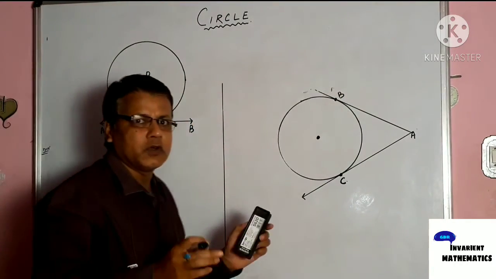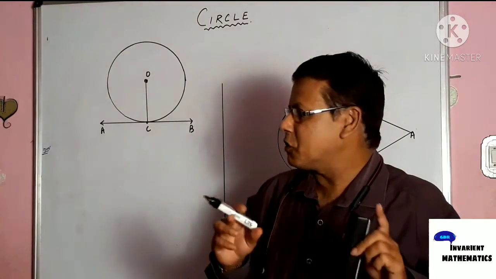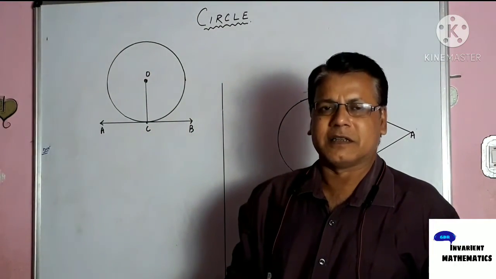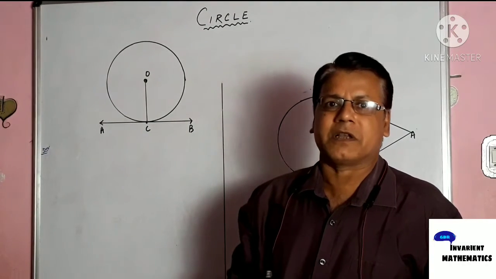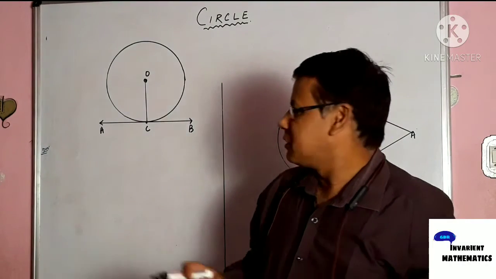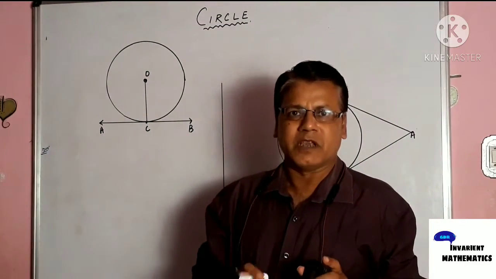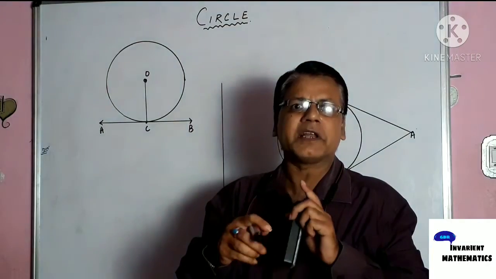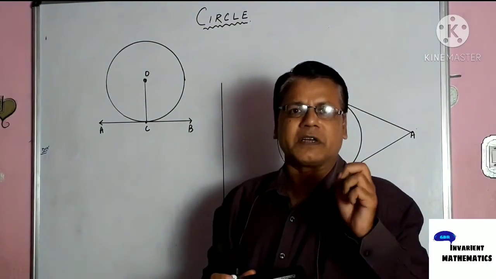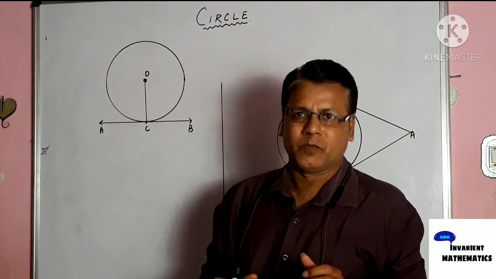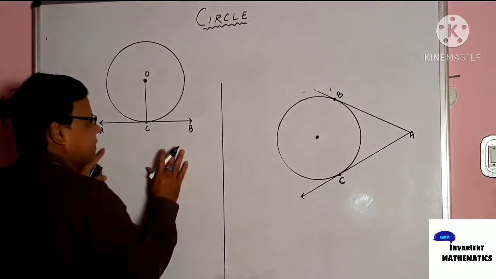Now comes the theorem 10.1. The theorem 10.1 says that the tangent at any point of a circle is perpendicular to the radius at the point of contact. Look at this figure.